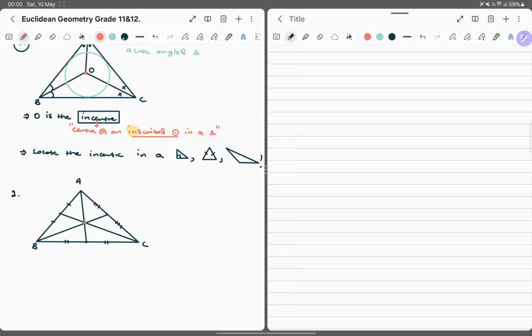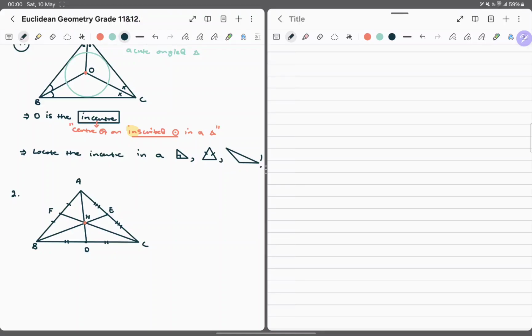So we say bisectors of the sides of a triangle are concurrent at that particular point. So maybe let's say this is ABC, say D, E, F, and maybe we can call this one H.